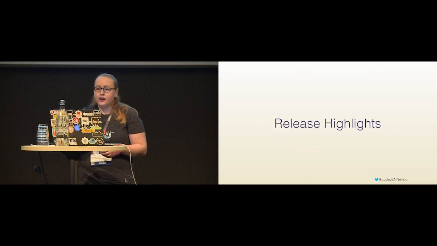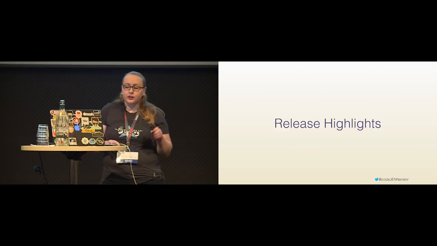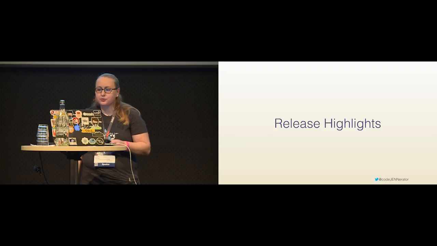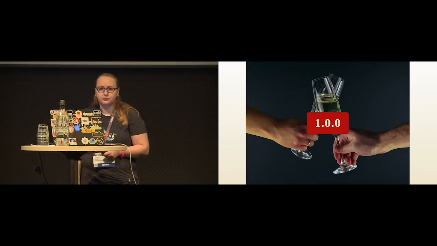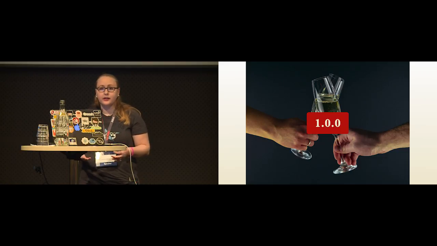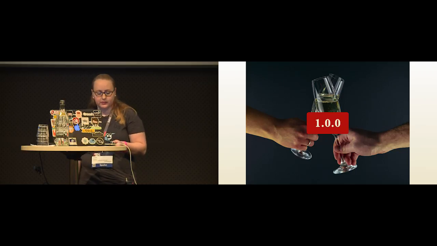Okay. So now that we've actually gone to 1.1.2, there are enough things to actually do a release highlight section. And so I should probably start with 1.0. I was really excited to see this project come out, and it came out right at the time that we needed it when we were doing this analysis.